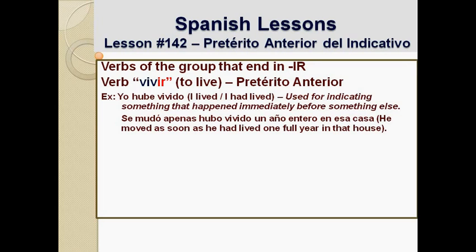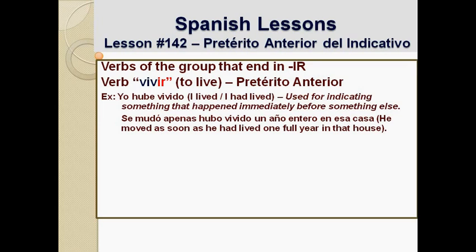So we use the pretérito anterior for what happened immediately before.